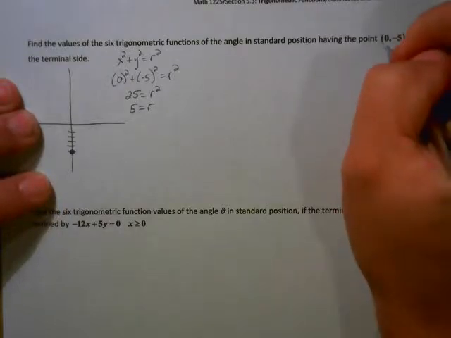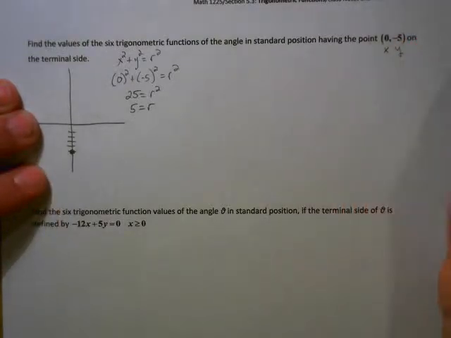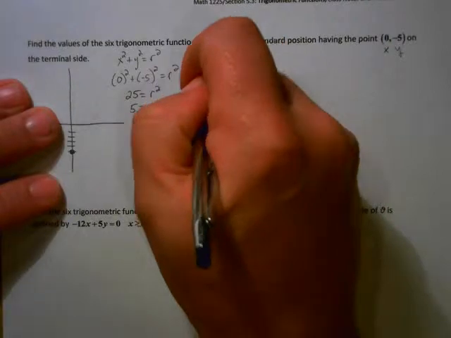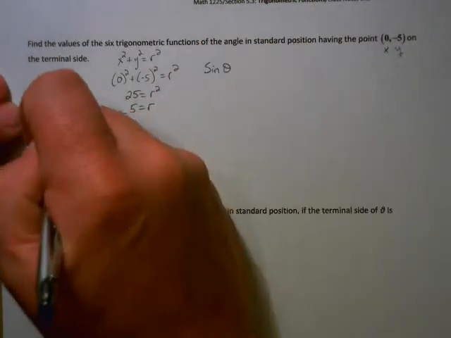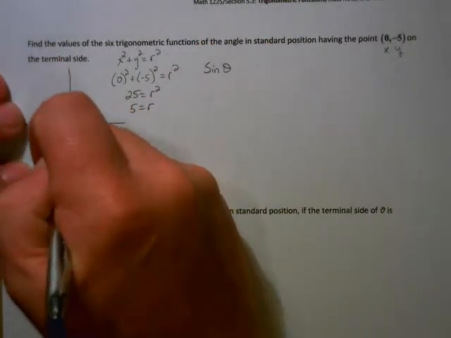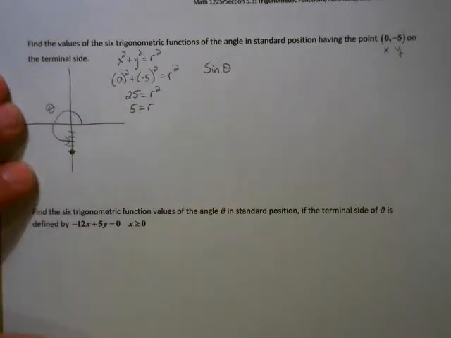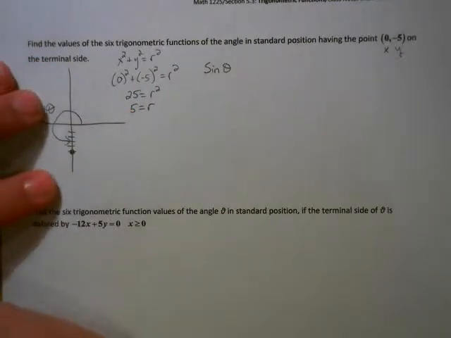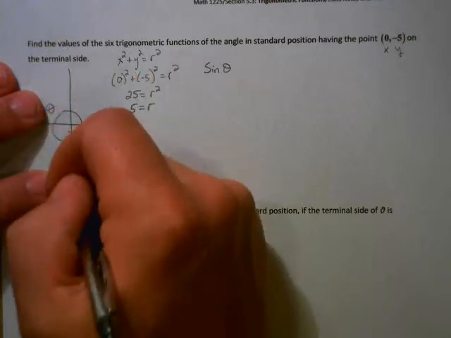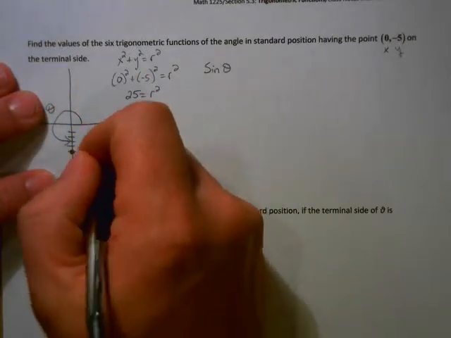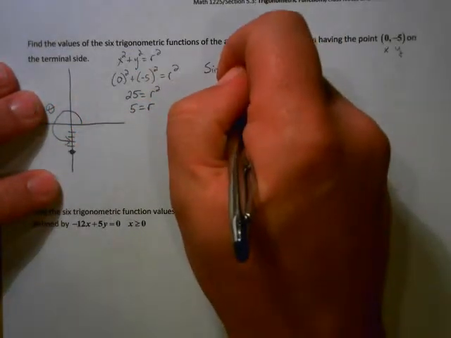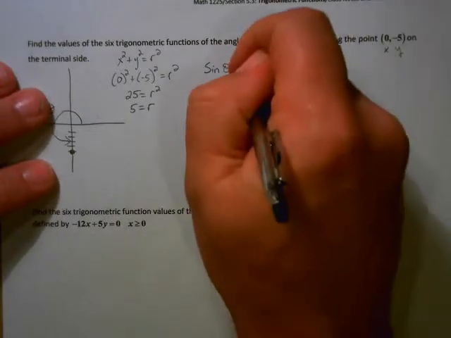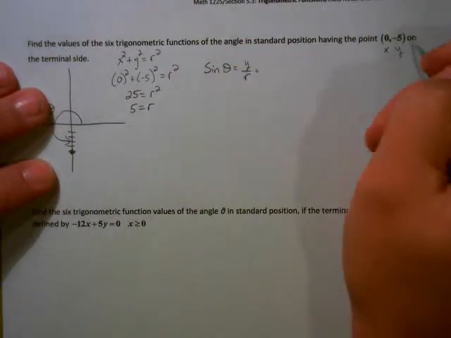So again, we have our x, we have our y. We don't have it on a triangle. But sine theta, that theta is going to be in that position, standard position, as we come around. So it's going to be 270 degrees or -90 degrees if we come down. But sine theta equals y over r.